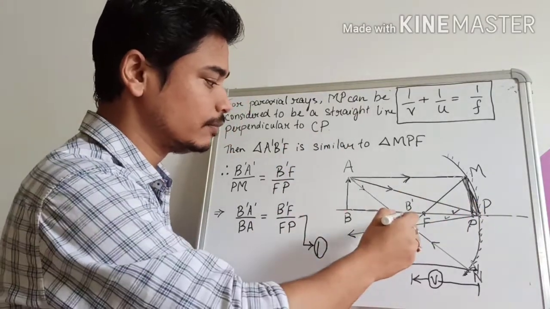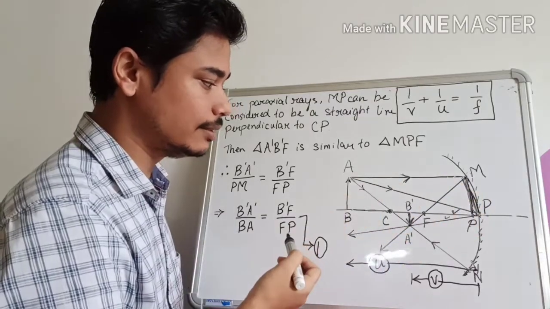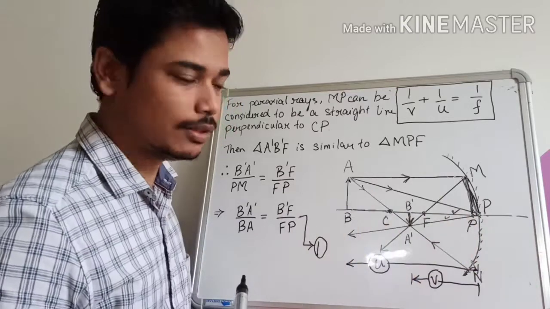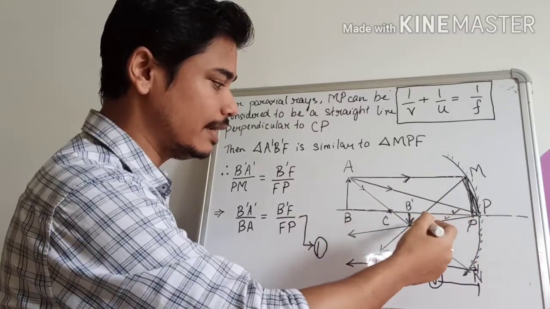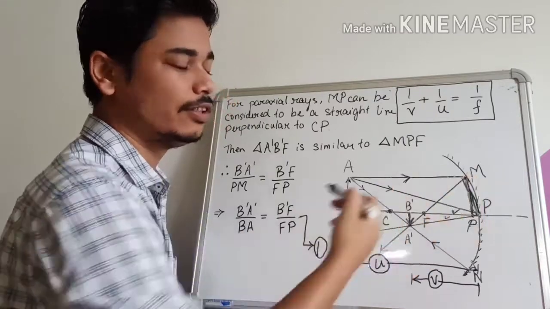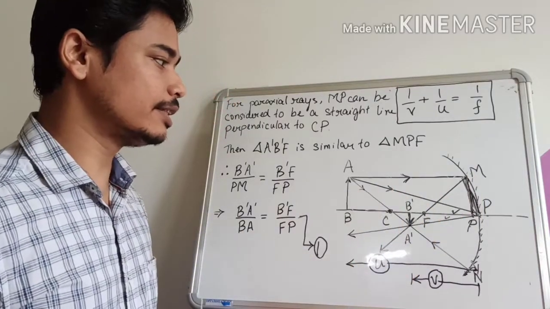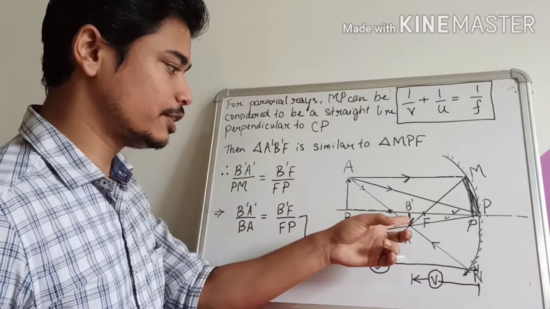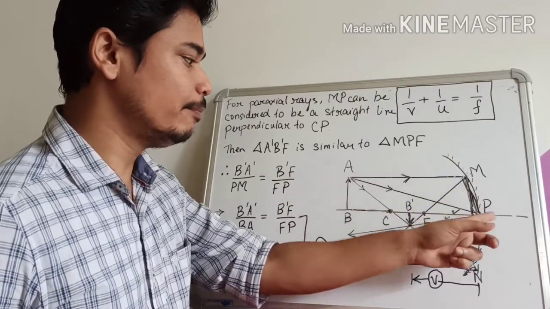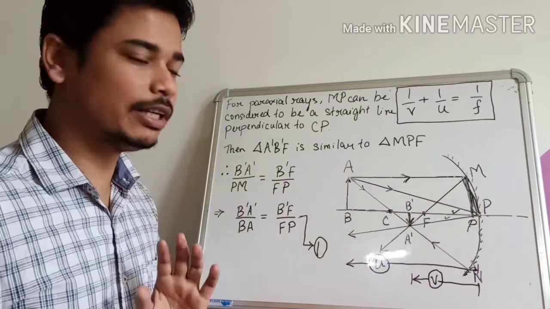Why? Because this side corresponds to this side, right? This base corresponds to this base B'F, and for the third side, the hypotenuse also corresponds to this side of the second triangle. So we can consider the first triangle A'B'F and the second triangle MPF to be similar triangles.